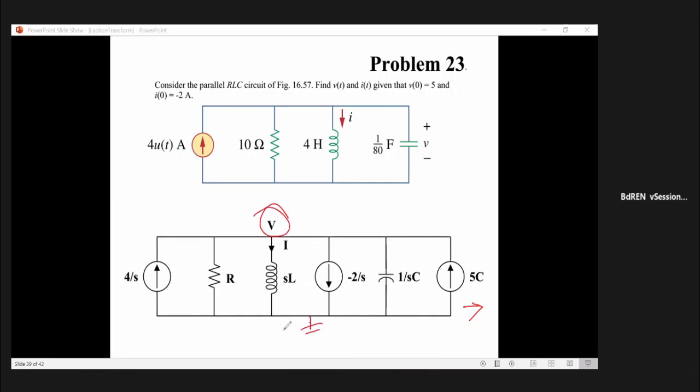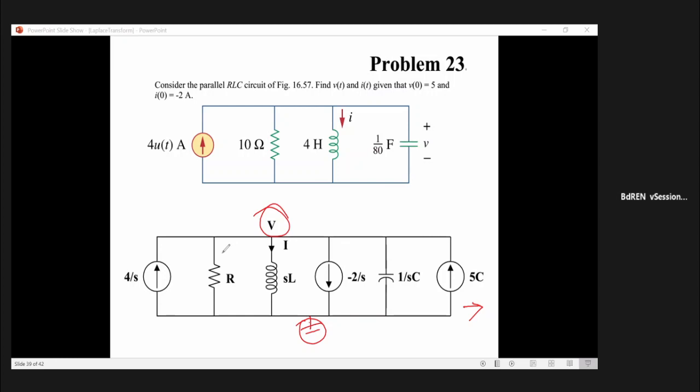One node is the reference node, another node is the voltage V. If we can solve for V, then the rest of the quantities can be solved. So you write your KCL equation at this node. You have three current sources there.